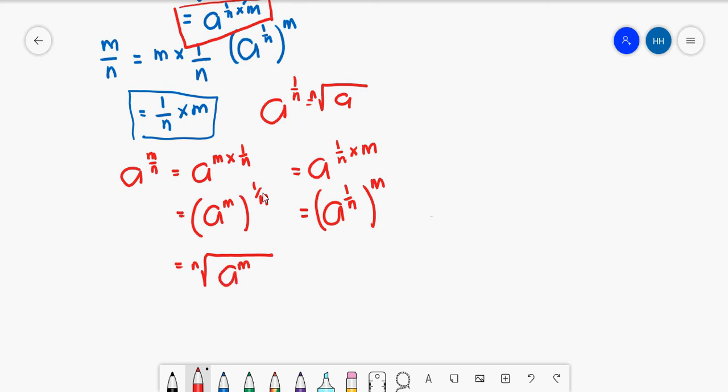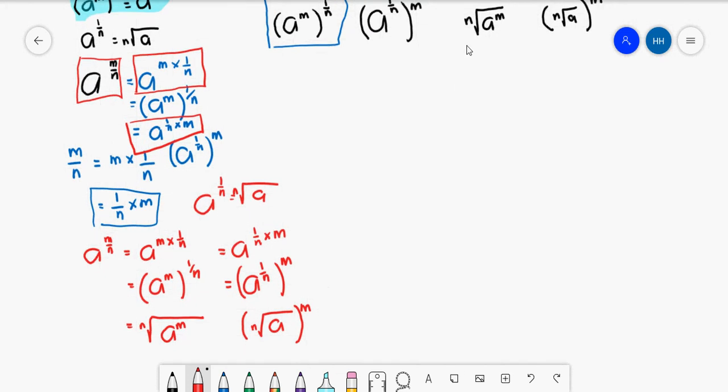I copy it from there and put it here, a to the power of m. From this one we have a to the power of 1 over n inside the bracket, so inside the bracket we have n root a. This one has no m, because the a is straight away to the power of 1 over n. M is outside, so we copy m.